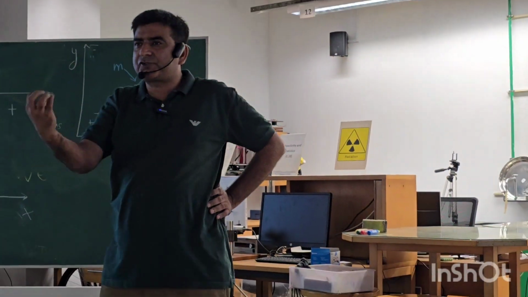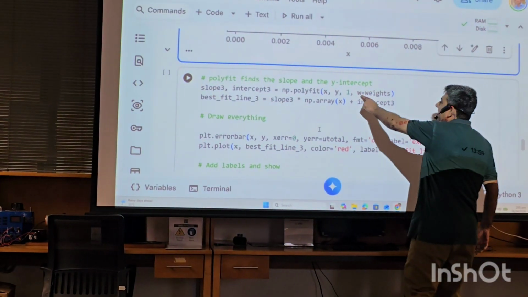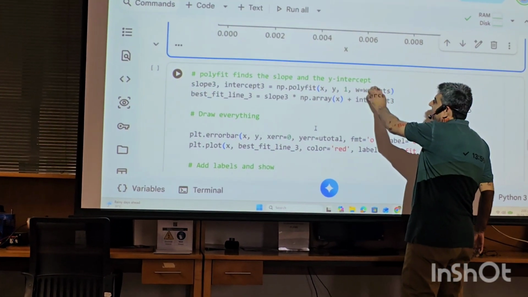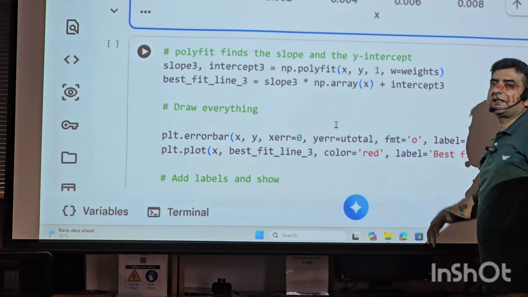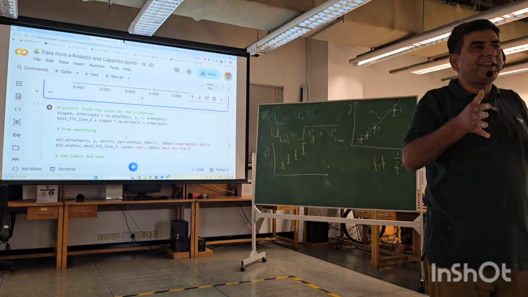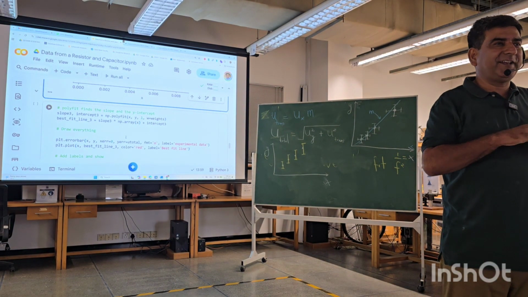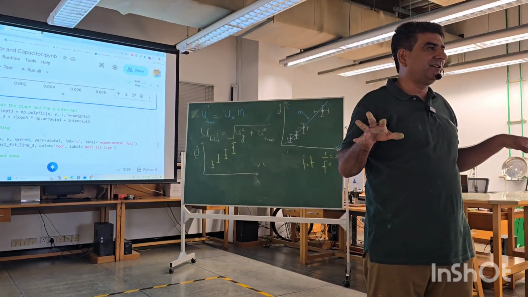And which weights do I want to use? I choose the weights that I've defined already. If this parameter is missing, it does an unweighted fit. Or if this parameter has an array with equal values in each entry, it does not do a weighted fit.